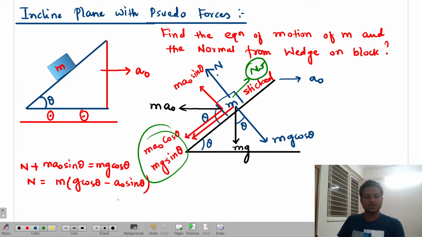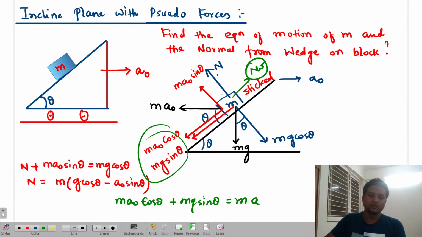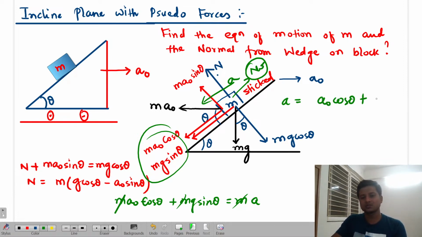So basically, the external forces m a naught cos theta plus mg sin theta must be equal to my mass m into its acceleration a, which is towards down the block. m got cancelled, and a is nothing but a naught cos theta plus g sin theta. Is that clear? Understood?